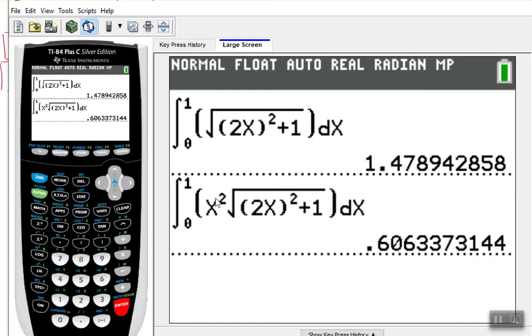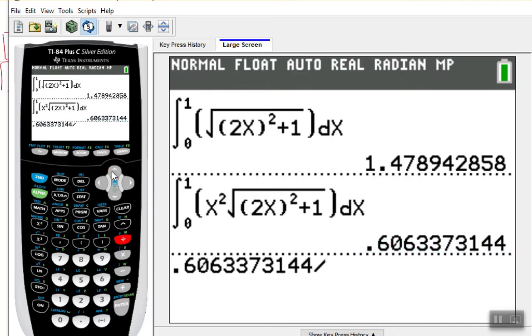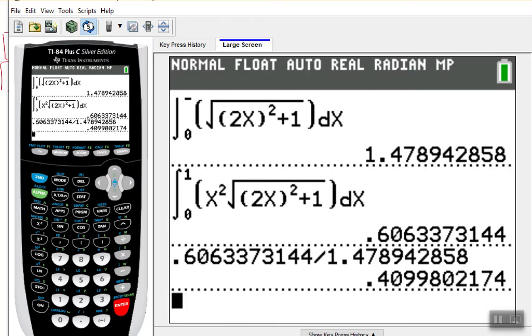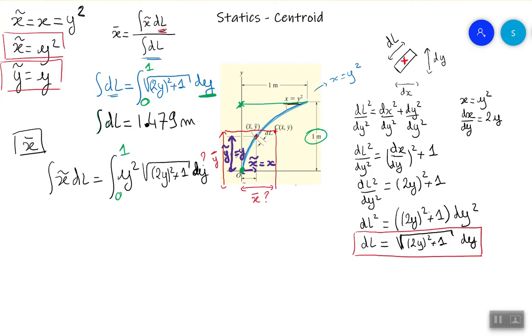And we want to find the division of this one divided by this one. So we take this one, divided by dl, enter, and that's 0.40998. So that's the location of x bar. Let me come back to this one and write everything. For the integral of x tilde dl, we found 0.606.